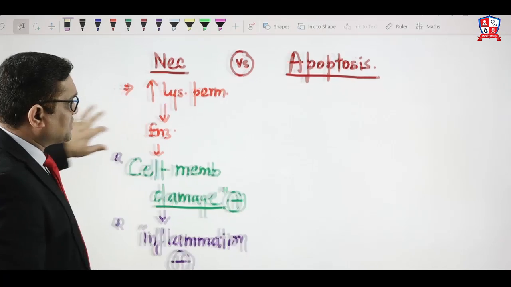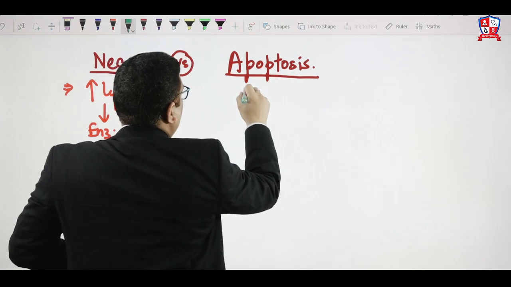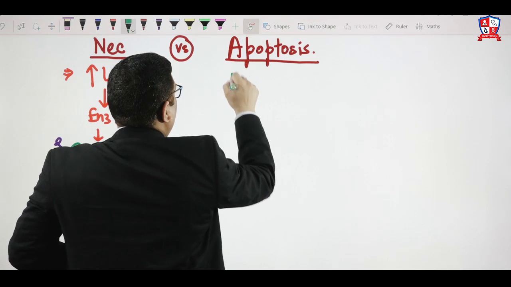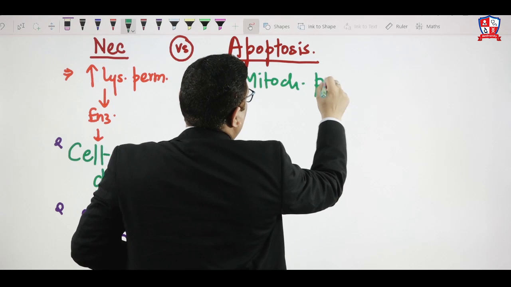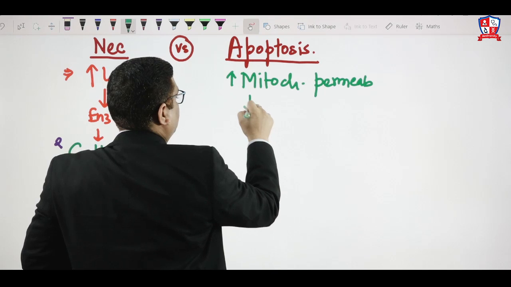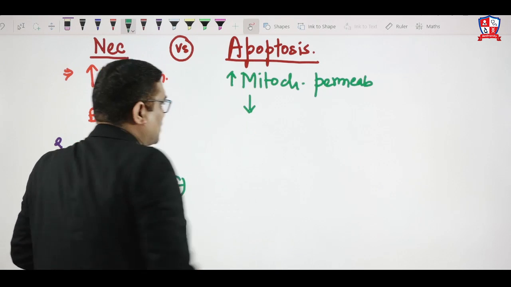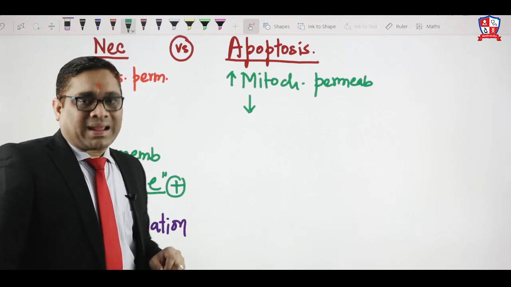What will happen in apoptosis? Apoptosis is basically due to an increase in mitochondrial permeability. Mitochondrial permeability will be increased and enzymes will be released, and these enzymes will cause damage to the cell, but in this type of damage, the cell membrane will be intact.